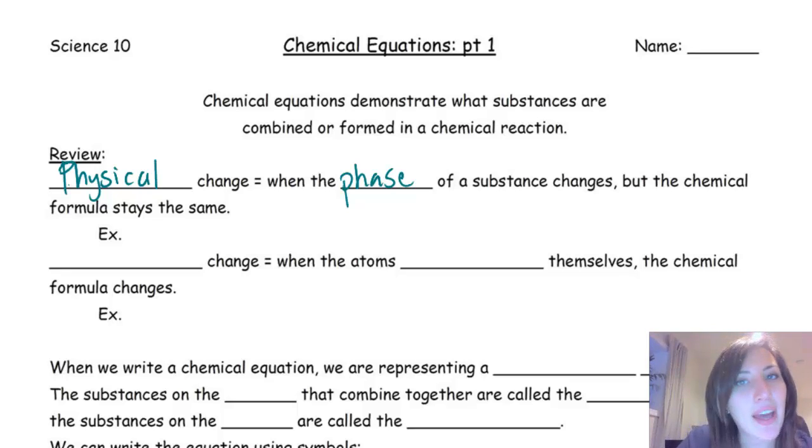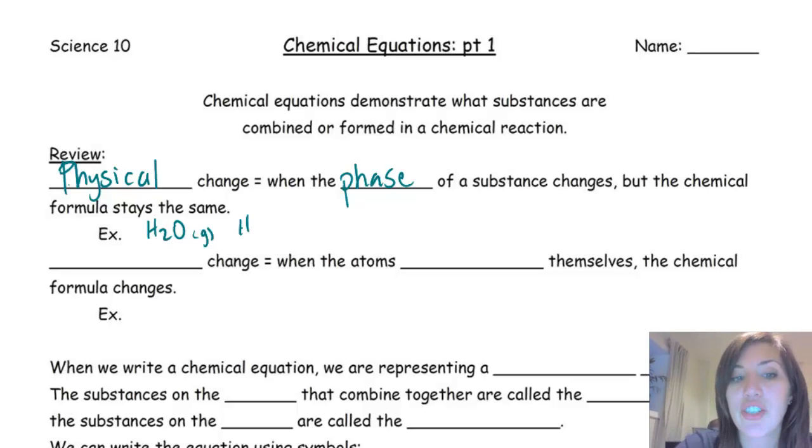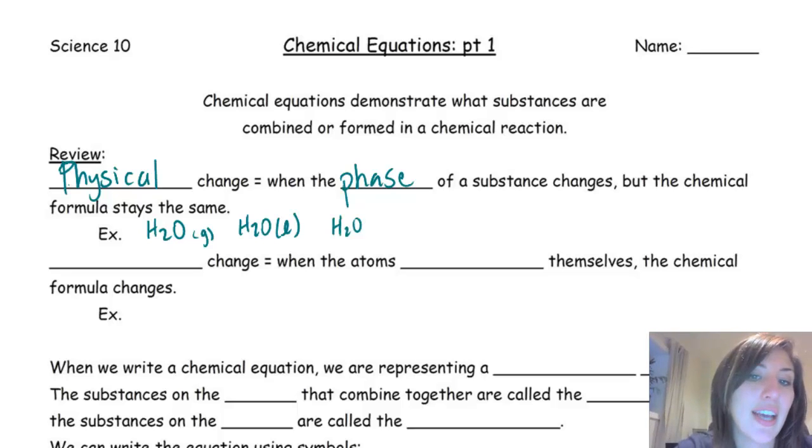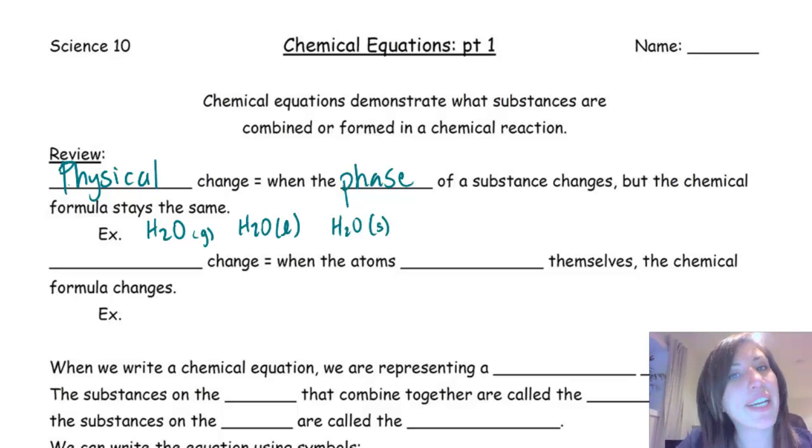So you have the same atoms, the same elements, the same formulas, just the state changes. So for example, you can have water here as a gas, maybe in air. You could have water, H2O, as a liquid. And you could have water, H2O, as a solid, ice. So there's different phases that you can have water in, solid, liquid, and gas, but those are just physical changes.